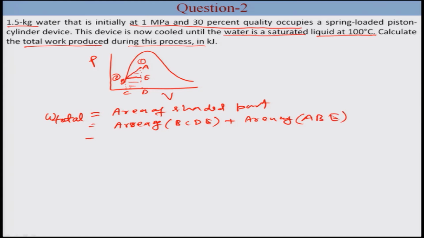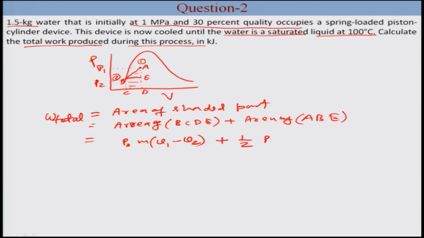Okay, so area BCDE will be nothing but, if we see, pressure at this state will be P1 and pressure at this state will be P2. So the total area of BCDE will be P2 into change in total volume, so change in the specific volume into mass, plus the area of this triangle, which is 1/2 AE into BE.